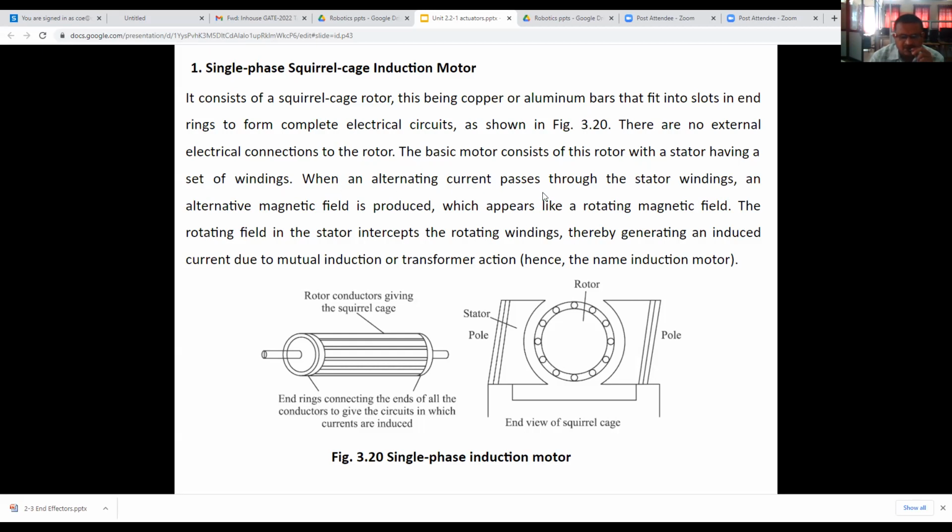When an alternating current passes through the stator windings, an alternating magnetic field is produced, which appears like a rotating magnetic field. The rotating field in the stator intercepts the rotor windings, thereby generating an induced current due to mutual induction or transformer action. Hence the name induction motor.